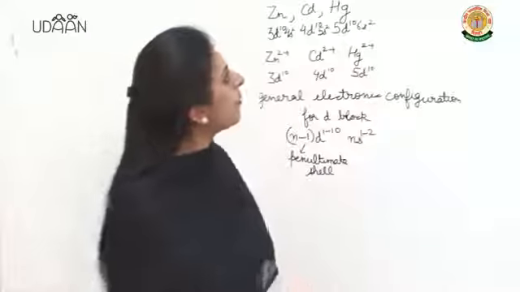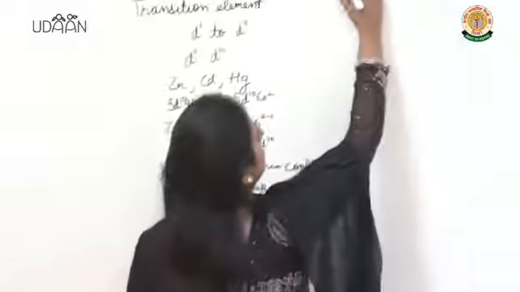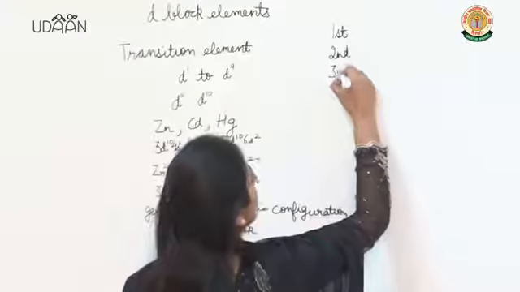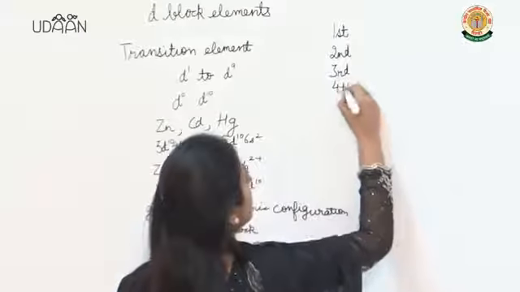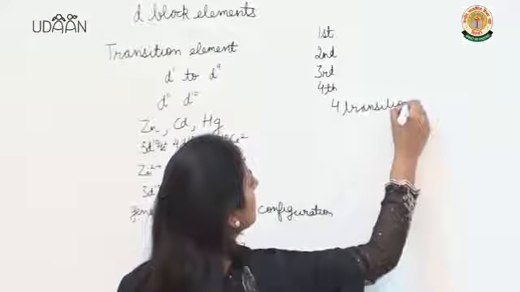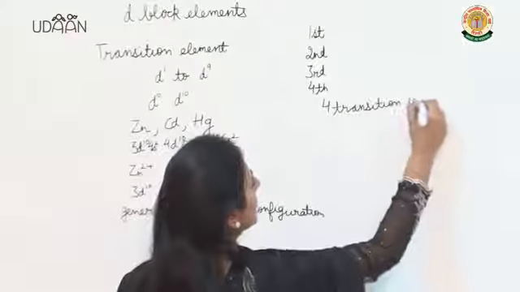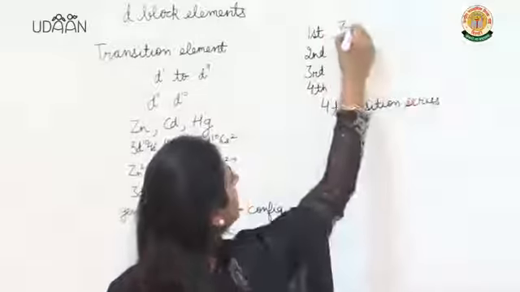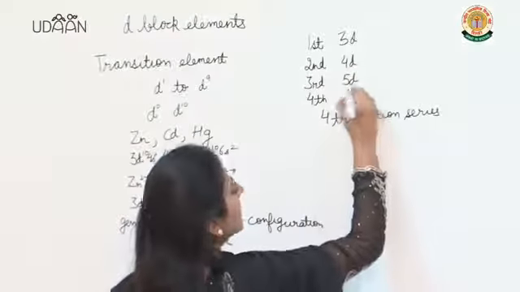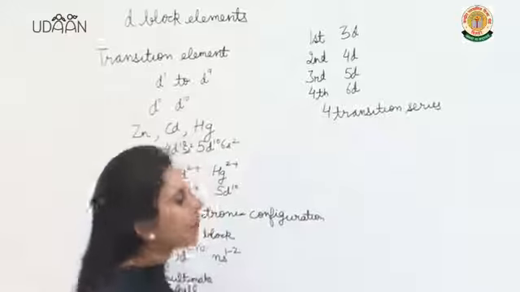Now there are 4 transition series, first, second, third and fourth. That means we have 3d, 4d, 5d and 6d series.